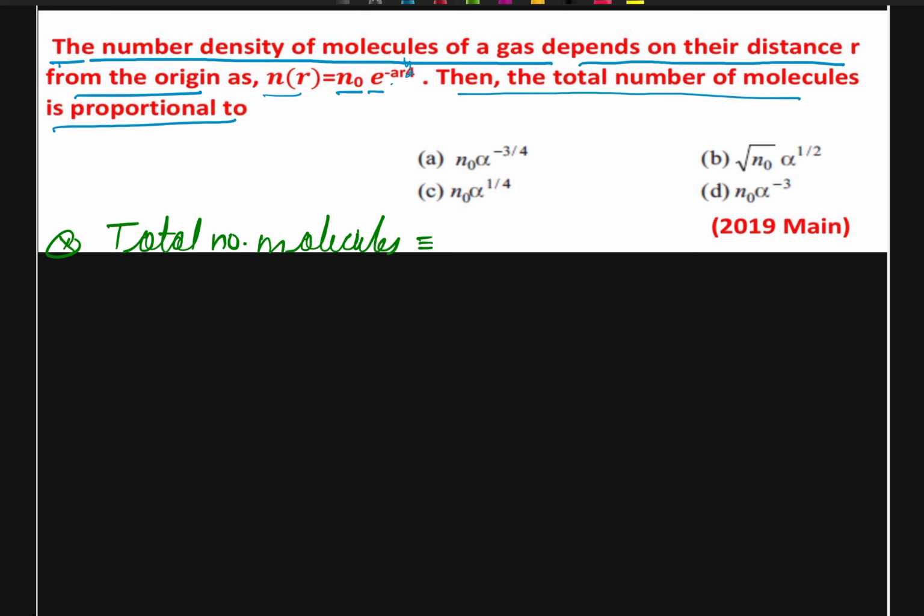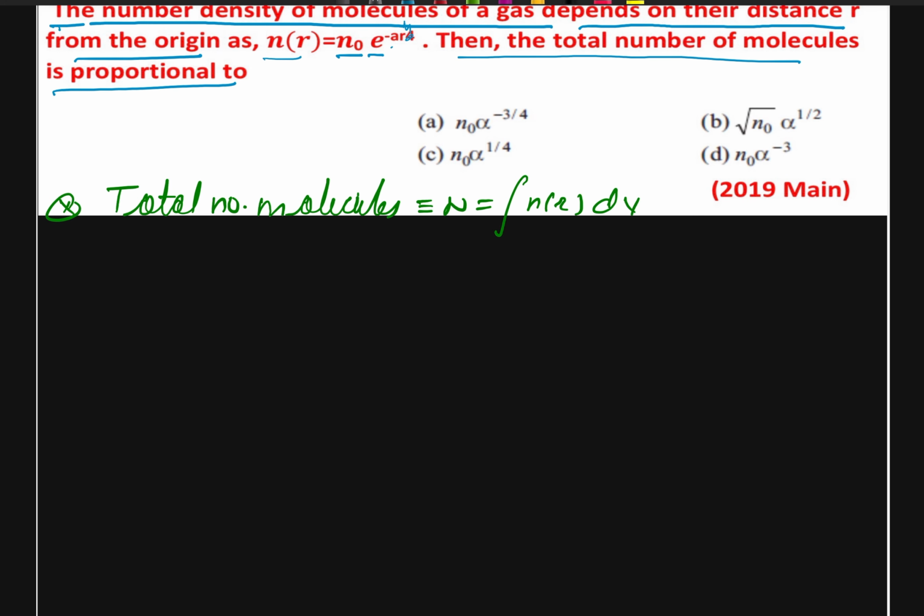so we can say that the total number of molecules, let us suppose that is N, will be equal to the integral of our number density, which is dependent on the distance, and the small volume we have taken as dV. And this dV, our volume is 4 by 3 pi r cube.